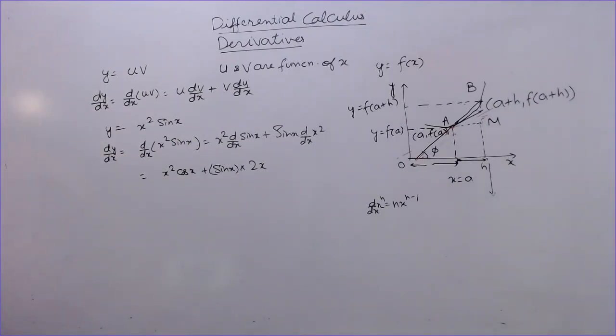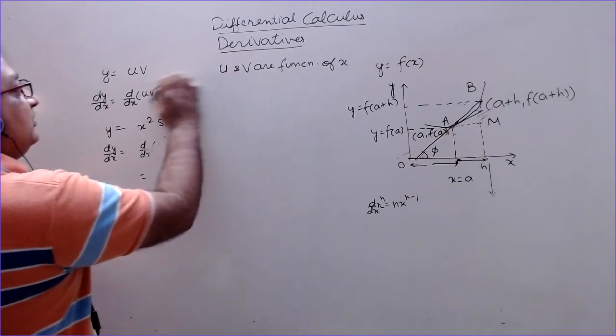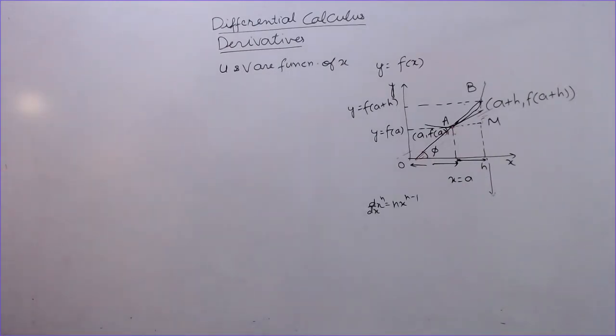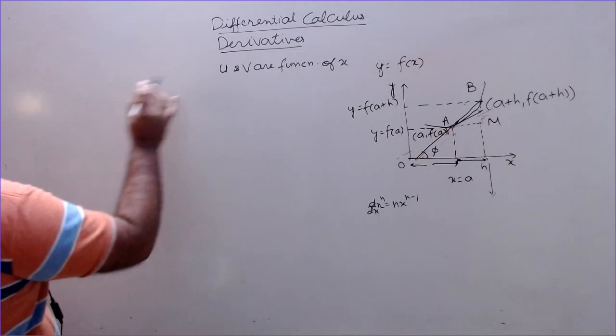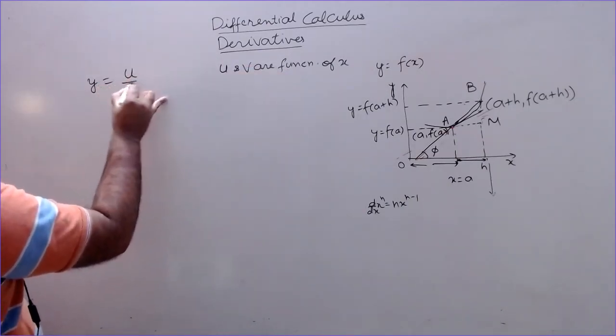Similarly, you can find the derivative of a function which is expressed as the ratio of two functions, or simply saying u by v. u and v are functions of x, y is u by v.